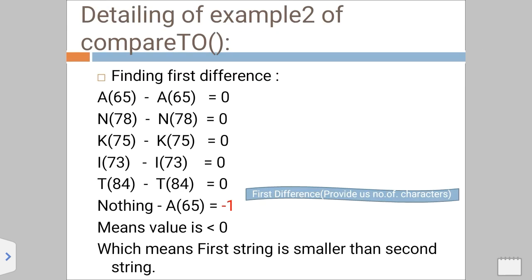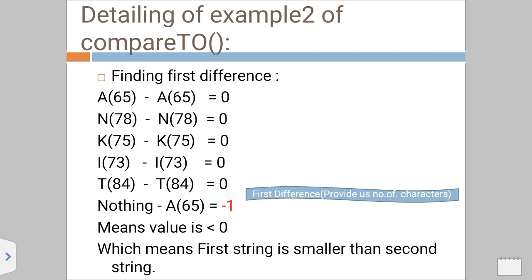Why is it -1? I want to show you. See, Ankit means A and A. When we are subtracting A from A, meaning 65 from 65, it is 0. We are getting a difference? No. N 78, N 78. We are getting 0 again. Any difference? No. K 75, K 75. Difference? 0. Again 0. I, T, T, 0.